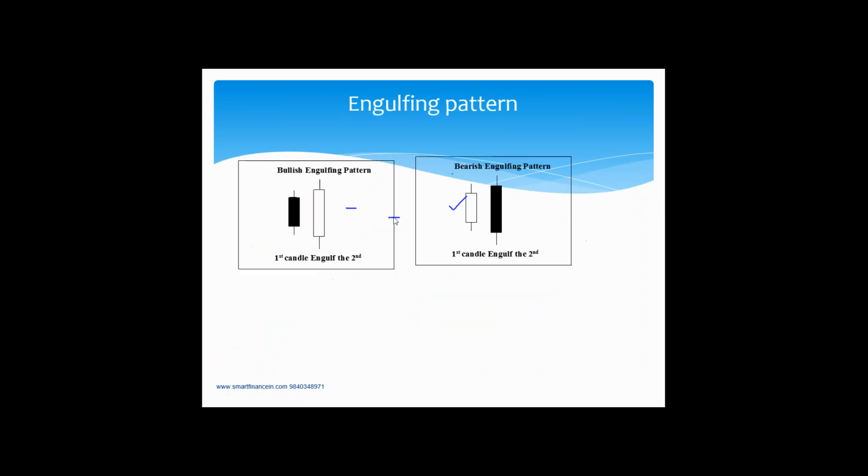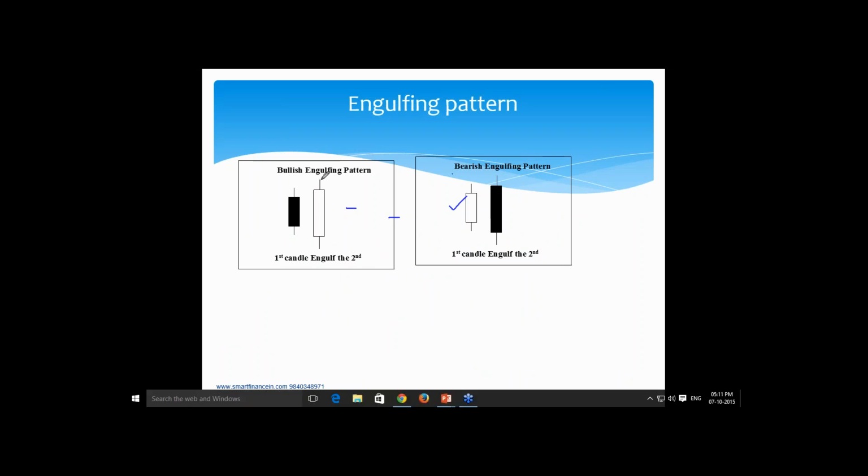What I have told here is the second day's high; this is the bullish engulfing pattern we are learning. This is the high, and you have closed here. This is the open, low and close. So the closing is higher than the open, so this candle will be a blue color candle, or a white color candle, depending on the color combination you are using in your charting software. But this is the common thing.